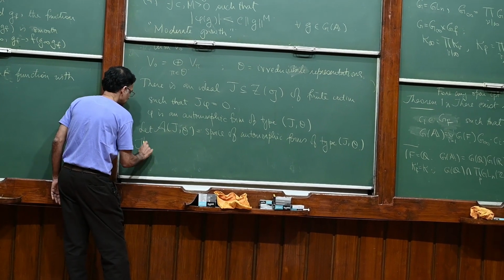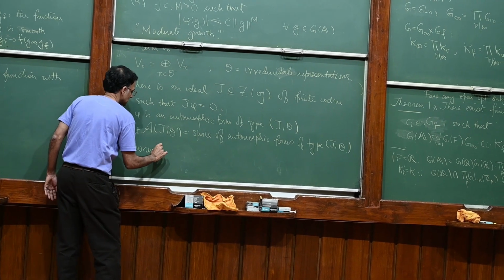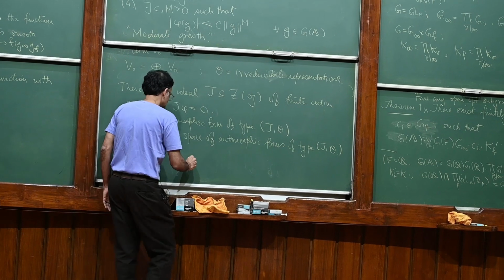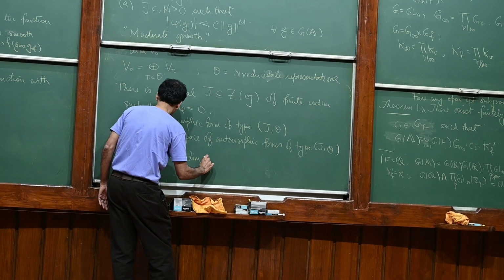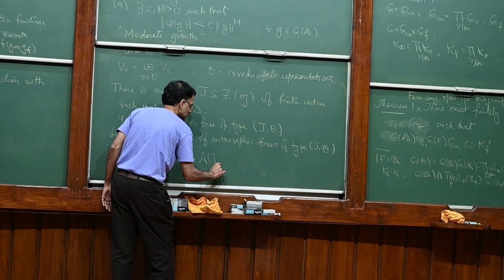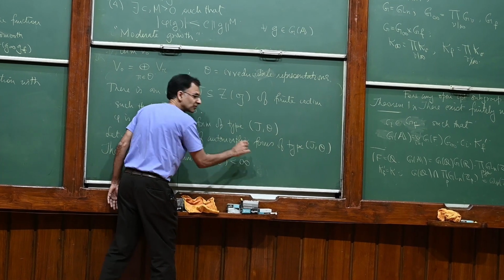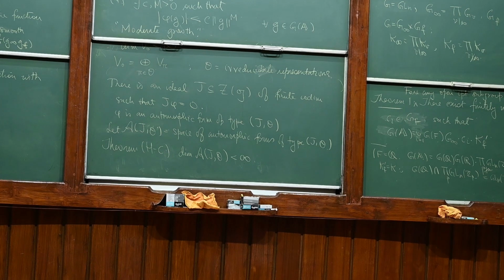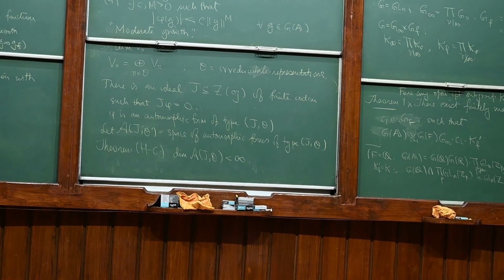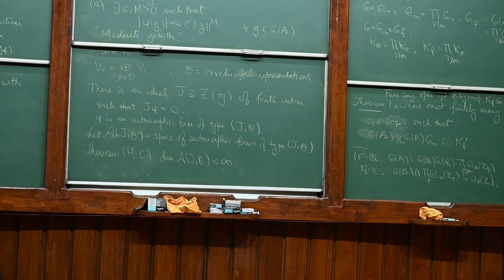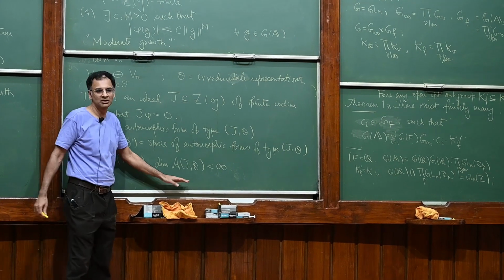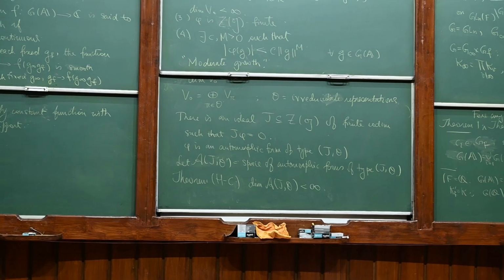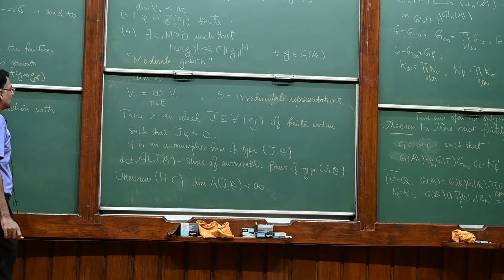Then the theorem, which is Harish-Chandra's, is that the dimension of A_J is finite. So the space of automorphic forms corresponding to a fixed J and theta is a finite dimensional space. That's the theorem of Harish-Chandra, and that's one of the two theorems that we will try to prove in the next few lectures. Okay, so this is the main thing.